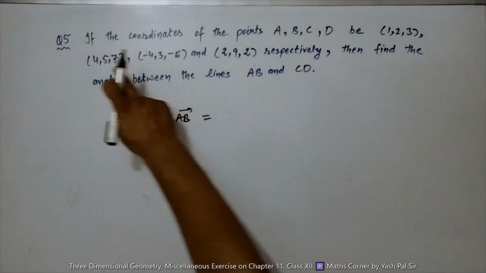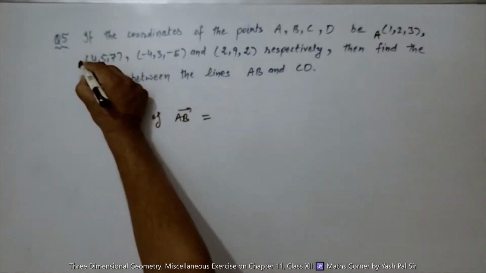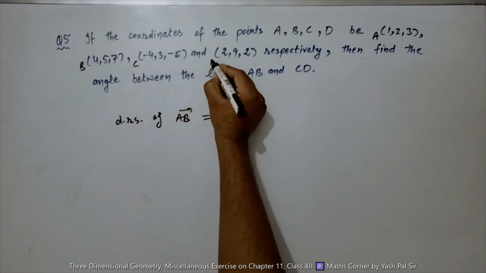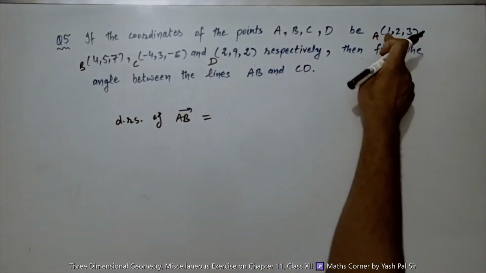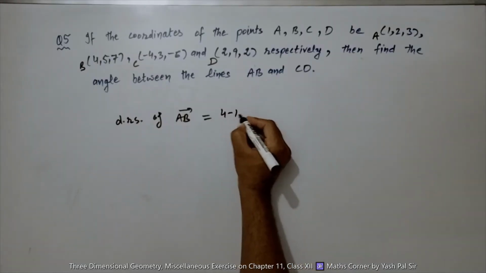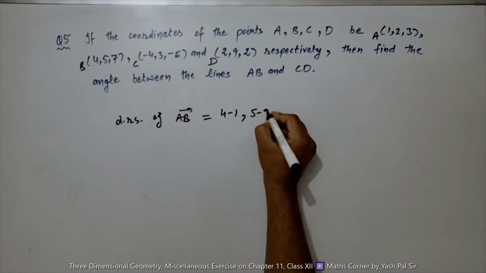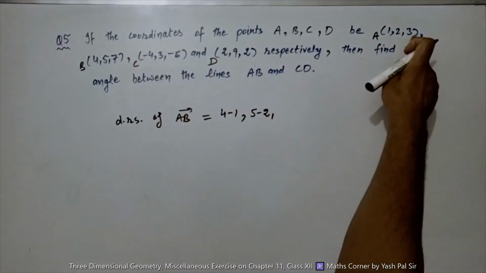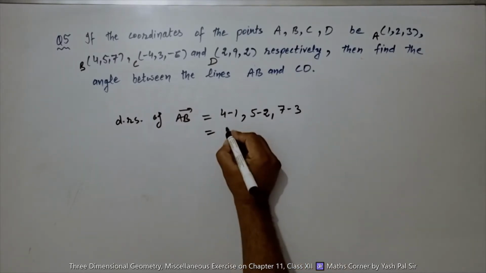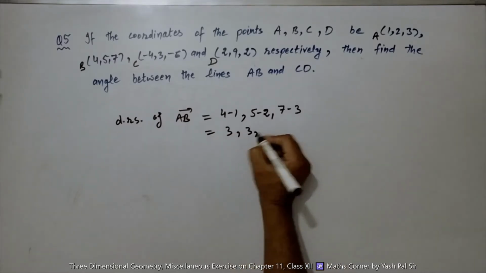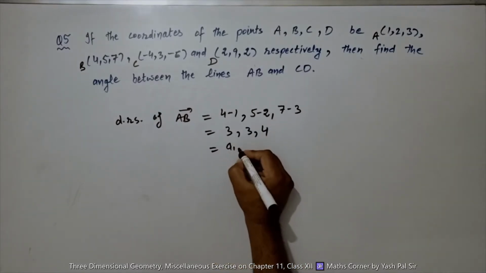This point is A, this point is B, and C, D. AB means 4 minus 1, comma 5 minus 2, comma 7 minus 3. So this way 3, 3, 4, they are the direction ratios.